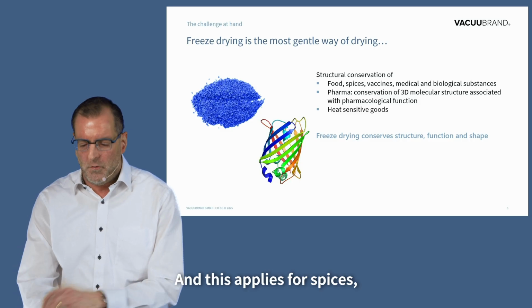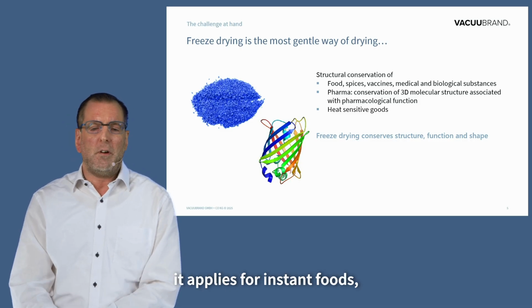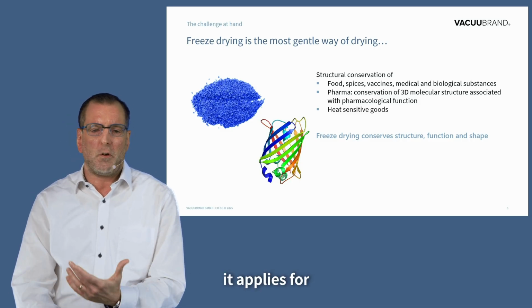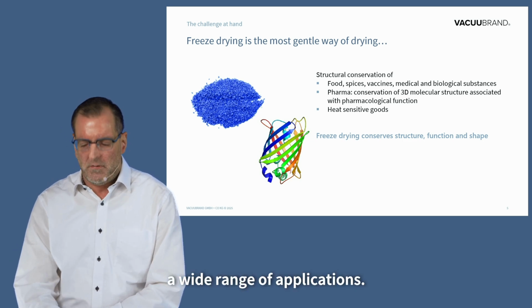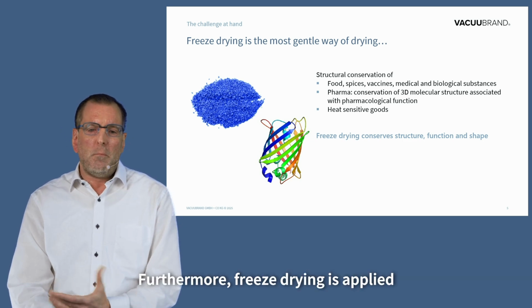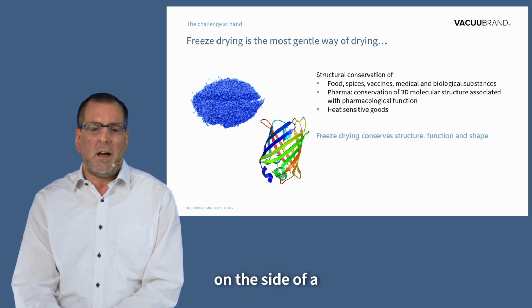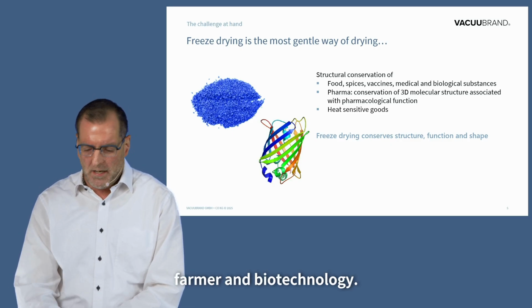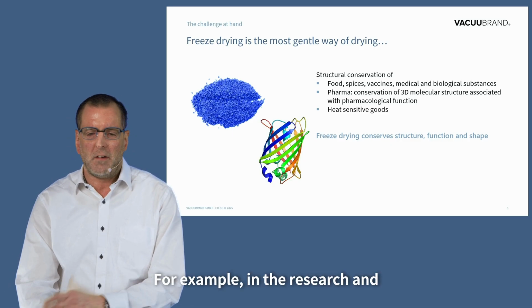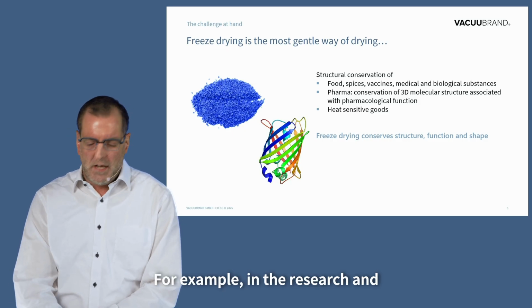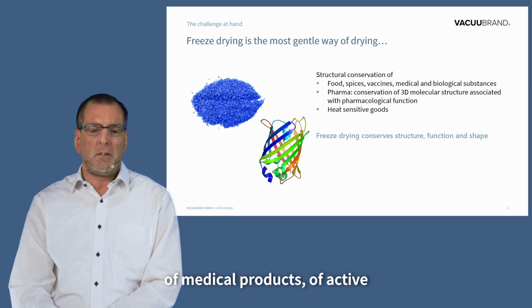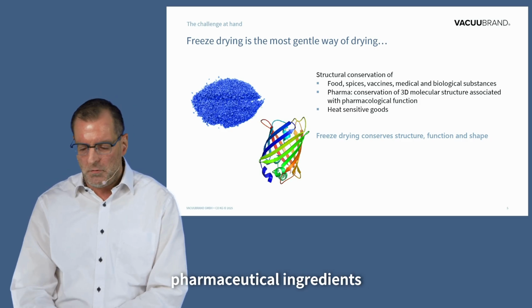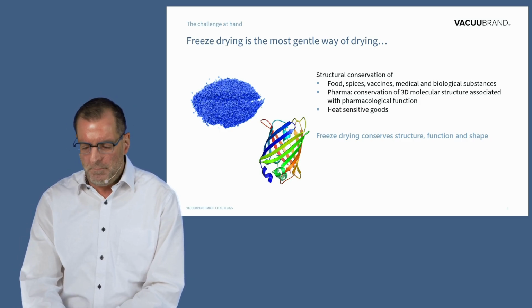And this applies for spices, instant foods, coffee, juice concentrates, a wide range of applications. Furthermore, freeze drying is applied on the side of pharma and biotechnology. For example, in the research and production of vaccines, of medical products, of active pharmaceutical ingredients, and many more.